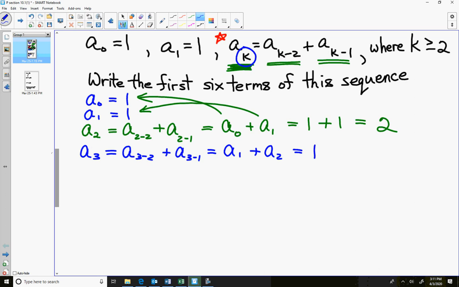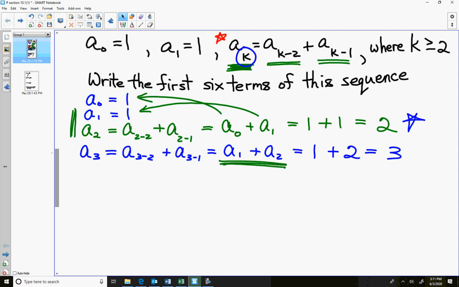A1 was 1 plus A2 is what we got right there. So it's 2. So we get 3. Now, hopefully also you are recognizing now that these right here are the two right before the term we're working on.